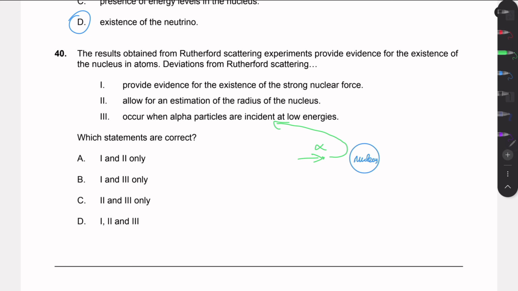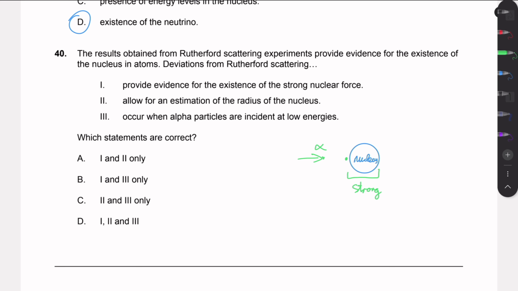Even 180 degrees backwards, they just get completely repelled, and that's because of the strong force, which has a very small range, really only the range of the nucleus. But if the alpha particles come really close, the strong force also starts acting on them, which repels them much stronger.